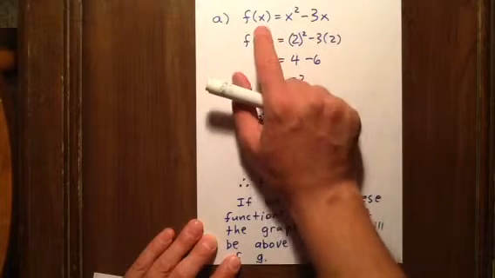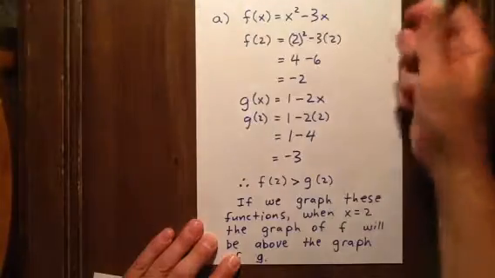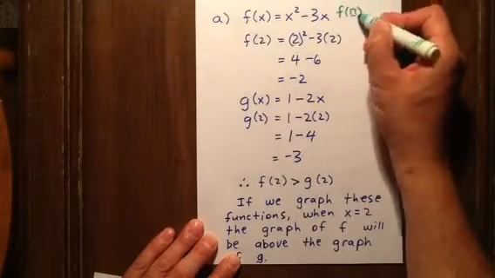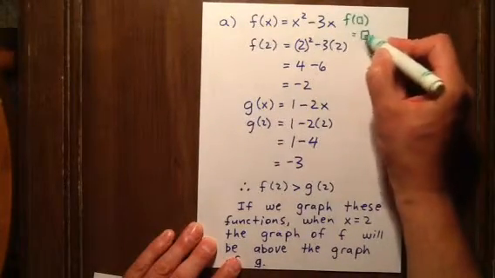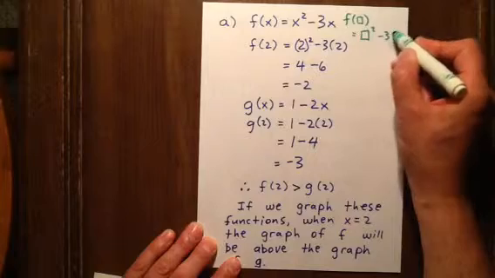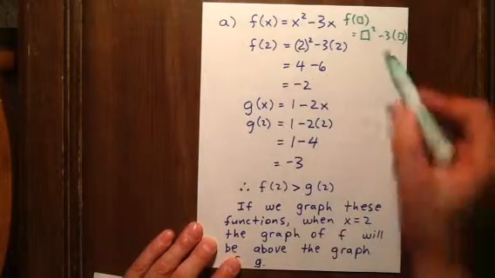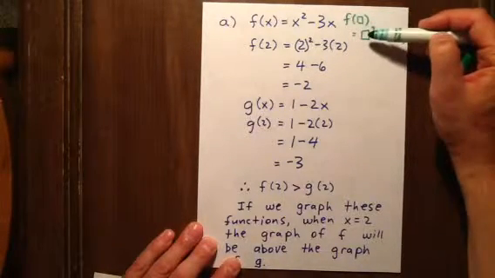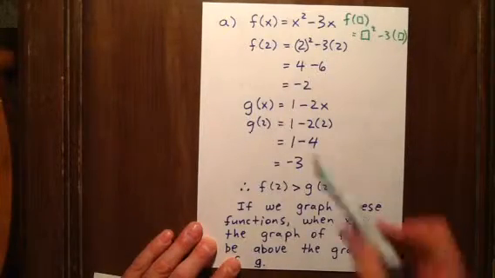Well, what that means is this. f at block is equal to block squared minus 3 times block. Okay? And no matter what is in the block, in the bracket, that goes here and that goes here. It takes a little getting used to, but let's see what that means.